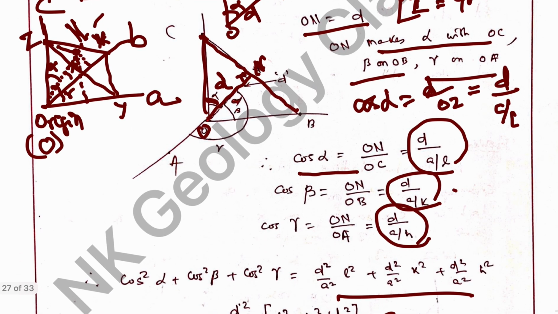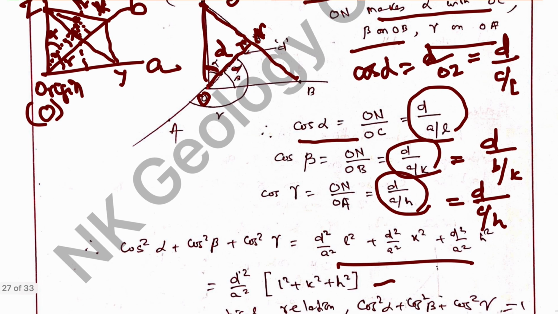Cos beta will be D by B by K, and cos gamma will be D by C by H.